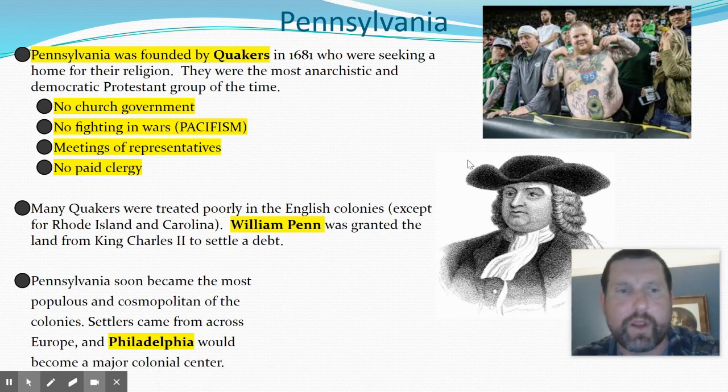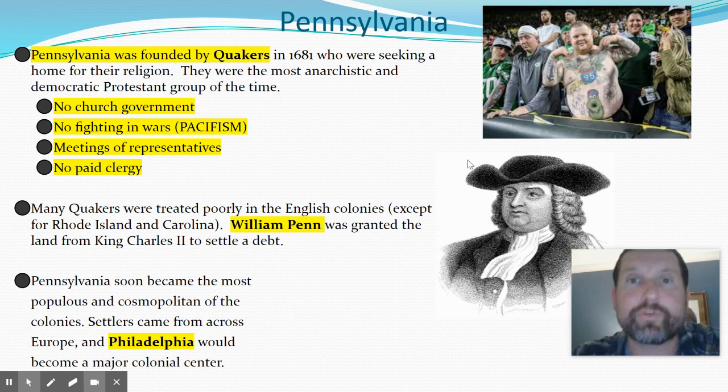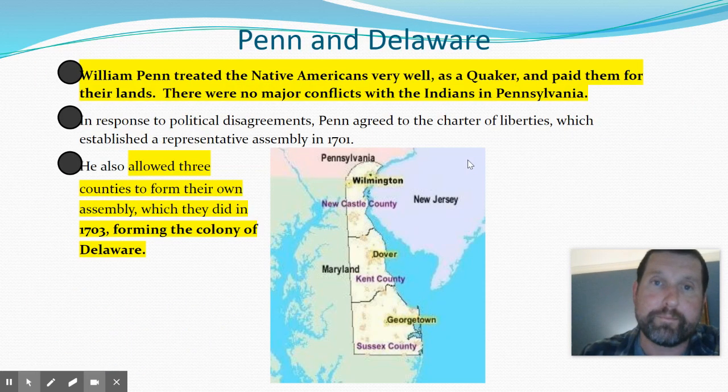It expands further west later. But Philadelphia itself ends up becoming one of the chief major cities of colonial America. It's probably the most cosmopolitan, culturally significant city in the colonies, even more so than Boston.